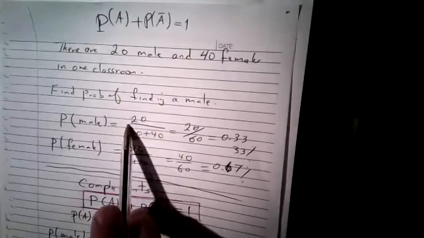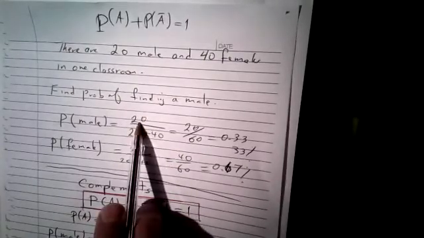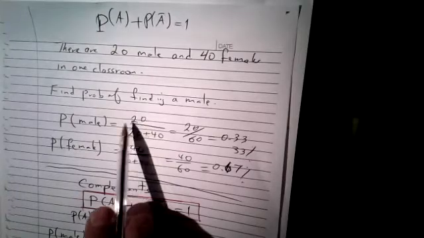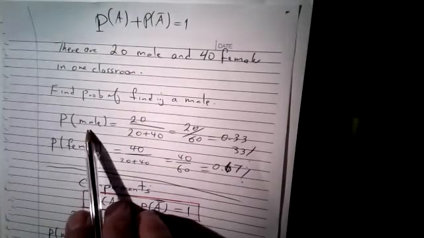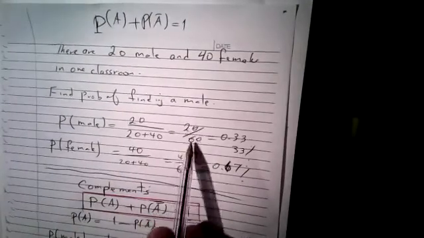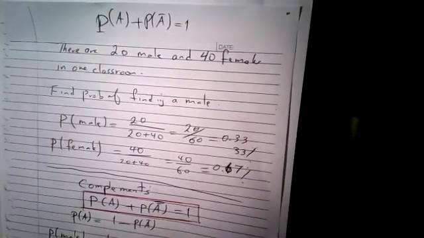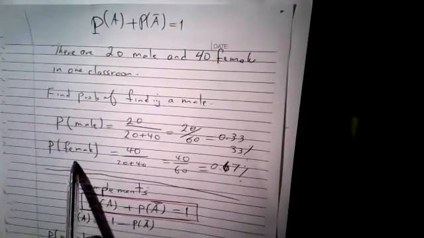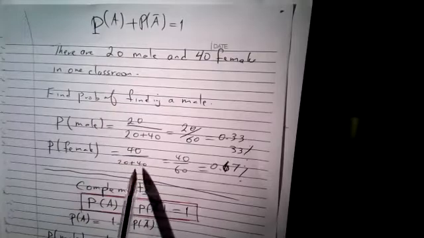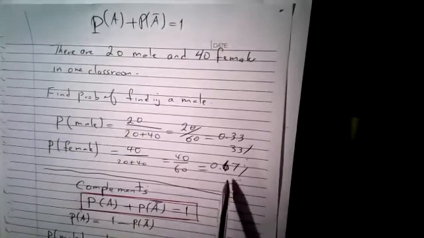There are 60 students and 20 out of 60 are males. So the probability that the person who leaves the room is male is 20/60, which when you divide is 0.33 or 33%. Or what's the probability of female? Out of 60 students, there are 40 females. So the probability is 40/60.